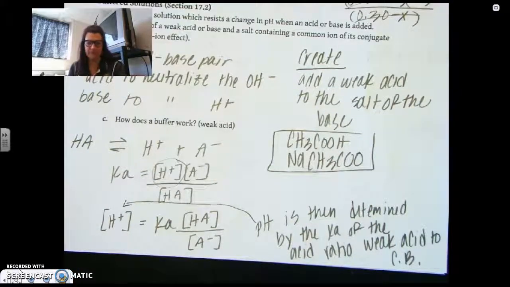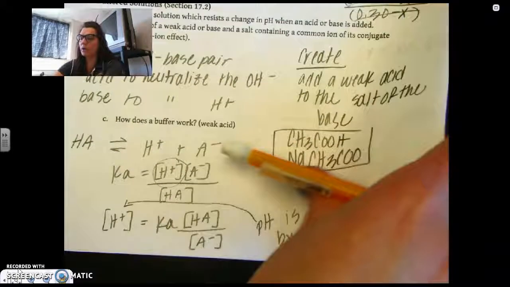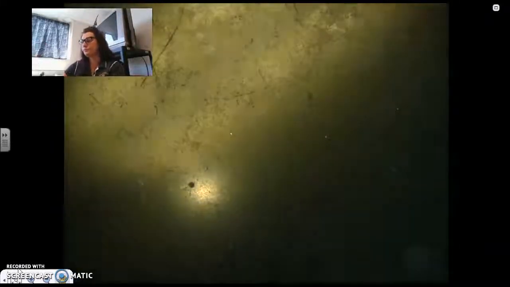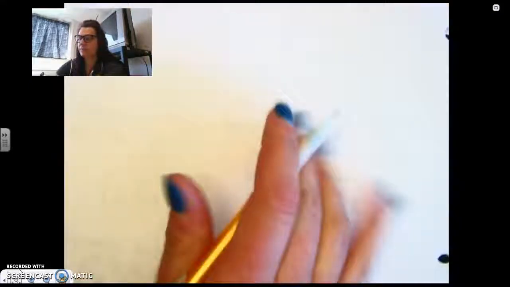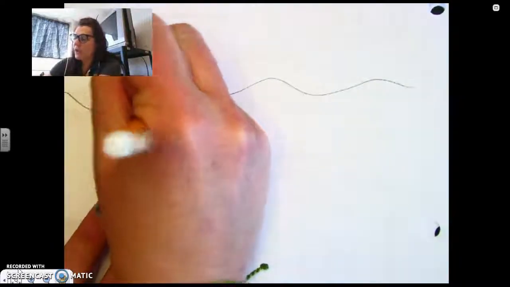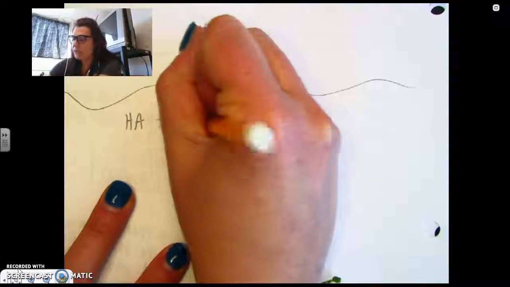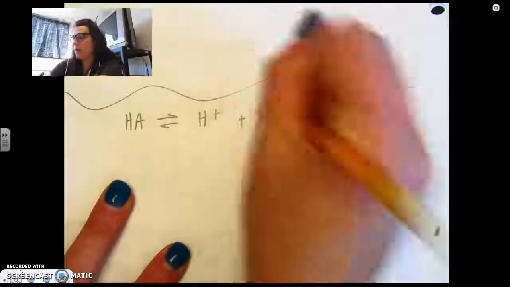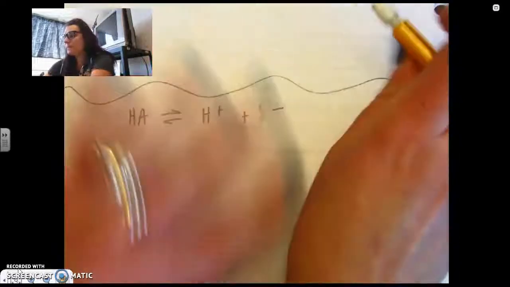Okay? So therefore, I'm going to come down here because I don't want to use that up here. So then what happens is, if I have the reaction HA in equilibrium with H plus and A minus, sorry.